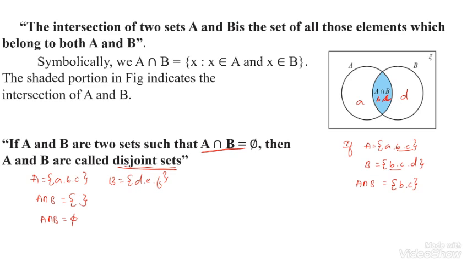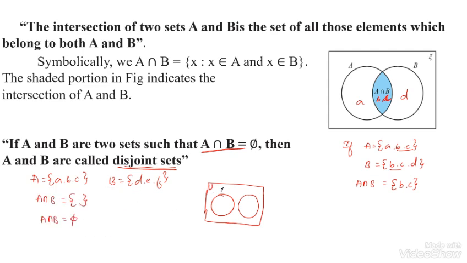It is clear. The representation of the Venn diagram here: A is a set and B is a set, and here is the universal set.